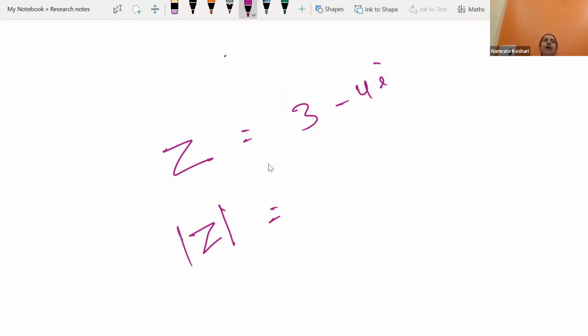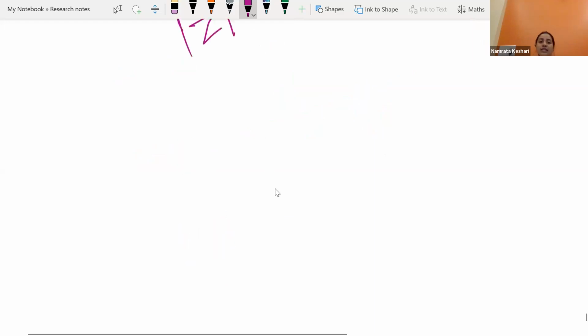Then why in the modulus function were we talking about something else, and here we are saying modulus is distance from origin? Let me help you recall the modulus function. Suppose mod of x is equal to 5, then the possible value of x may be 5 or it may be minus 5, right?